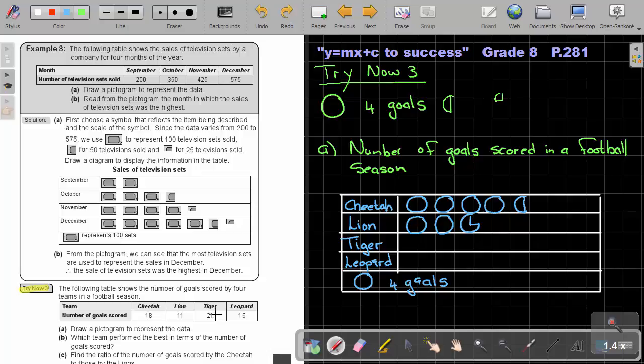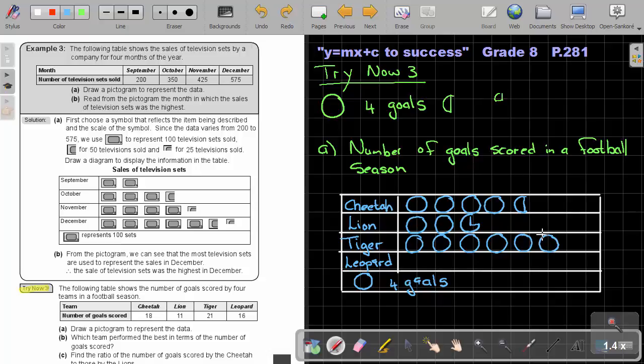Then 21, so it will be 5 full balls, which will be 20, and then that 1, so it's 1/4. So it's 1, 2, 3, 4, 5, and now it's just that quarter.